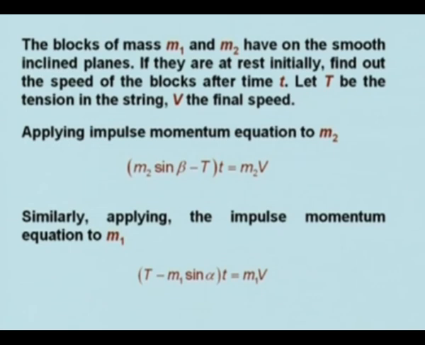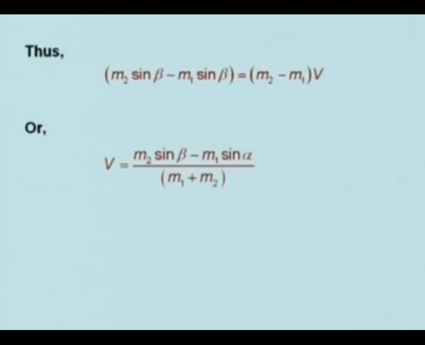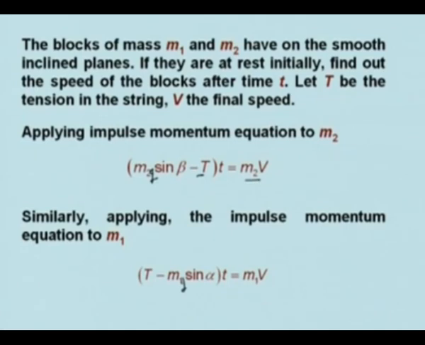So applying the impulse momentum equation to M2, we have M2 g sin beta minus T, times t, is equal to M2 v. We have to consider this tension T also. Similarly, applying the impulse momentum equation to M1, T minus M1 g sin alpha, times t, is equal to M1 v. Then we can add these two equations.